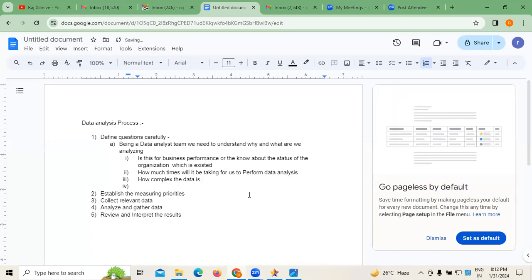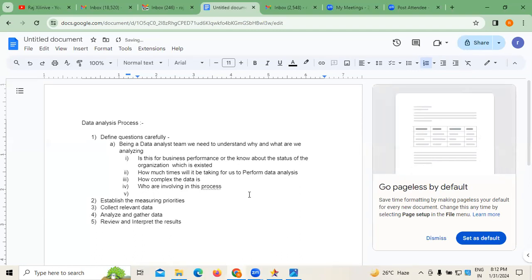Next, who is involved in this process? We must know, right? Who is involved in the process.